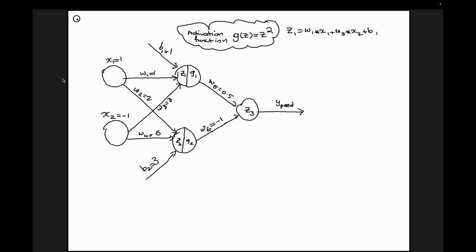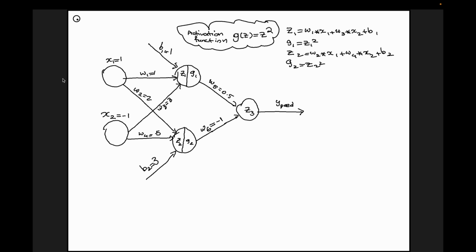And G1 will simply be Z1 squared. And then Z2 is simply W2 times X1 plus W4 times X2 plus B2. And G2 is simply Z2 squared.